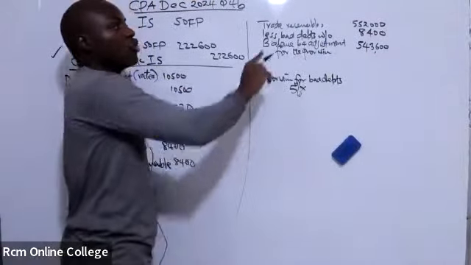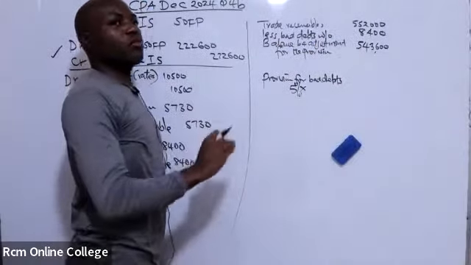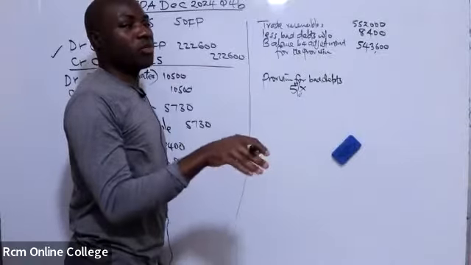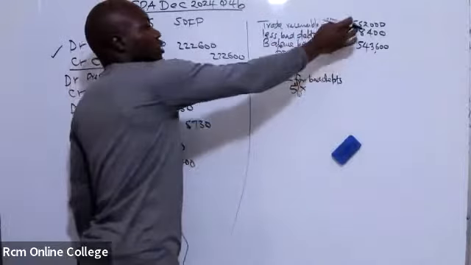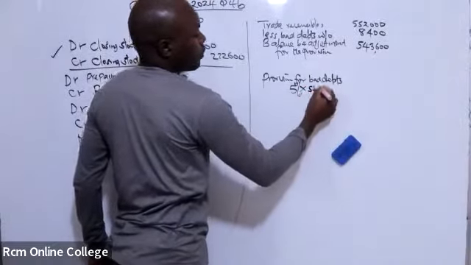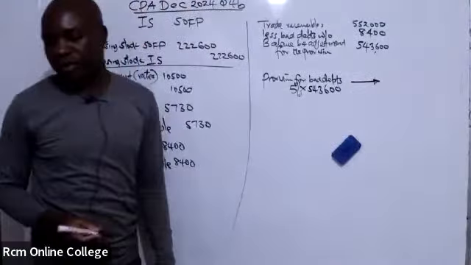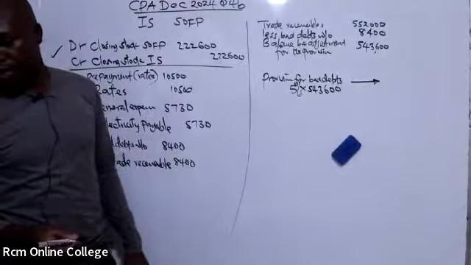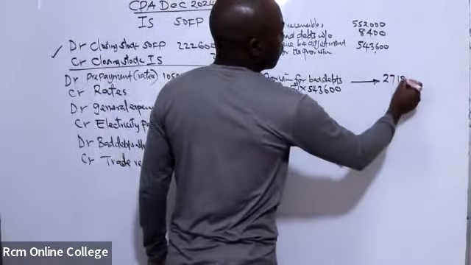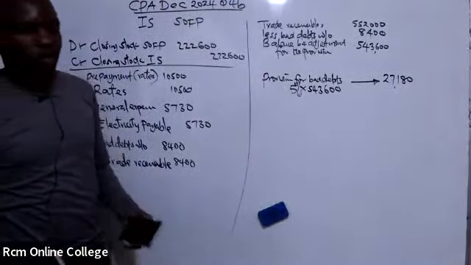Do we have anything to do with bad debts written off? Do we have recoverable bad debt that was not captured? We bring them all together to this figure. So we have 5% of the adjusted amount, 543,600. What is 5% of that? 27,180. Perfect.